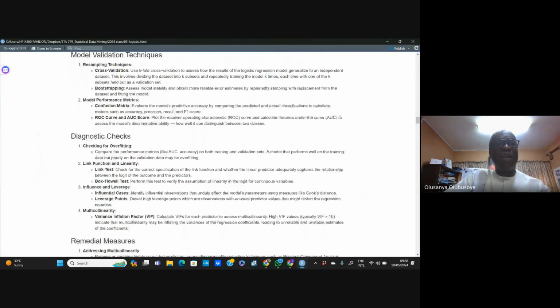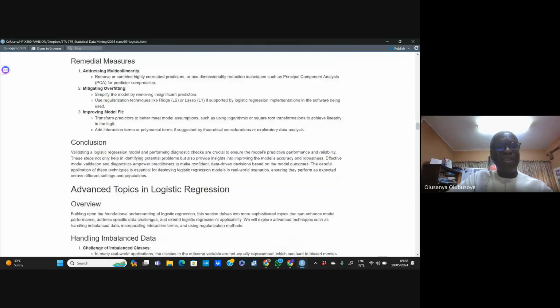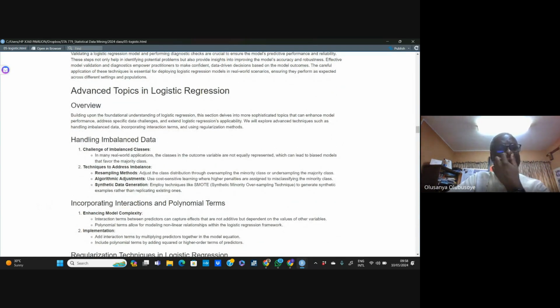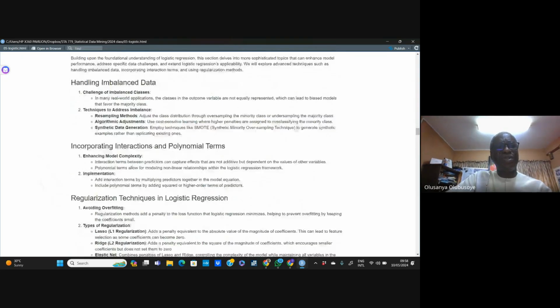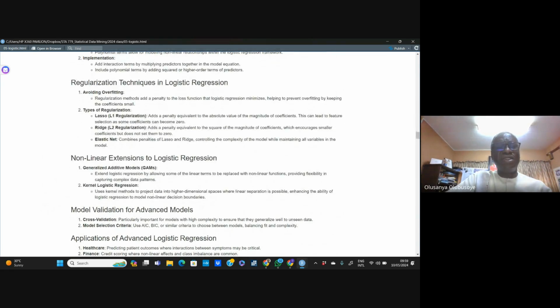Okay, so I think we have done justice to most of the issues. I put these advanced topics in logistic regression, not necessarily just to put you on your toes. I said earlier we could also use lasso regression, ridge regression, and elastic net regression in logistic regression.